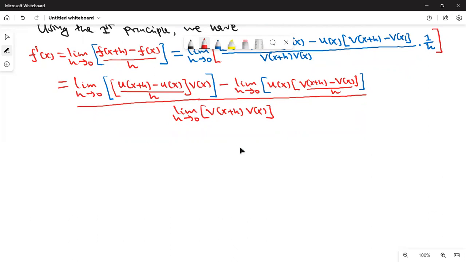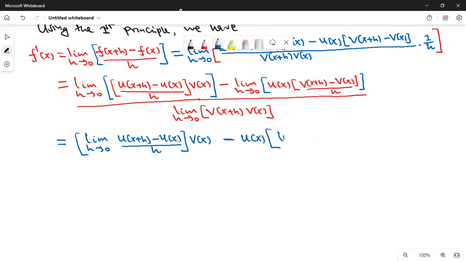So this thing can also be written as a limit as h approaches 0 of u of x plus h minus u of x. The whole of this is divided by h. Then times v of x. See, that one does not depend on h. Minus, now I can see u of x can be factored out.